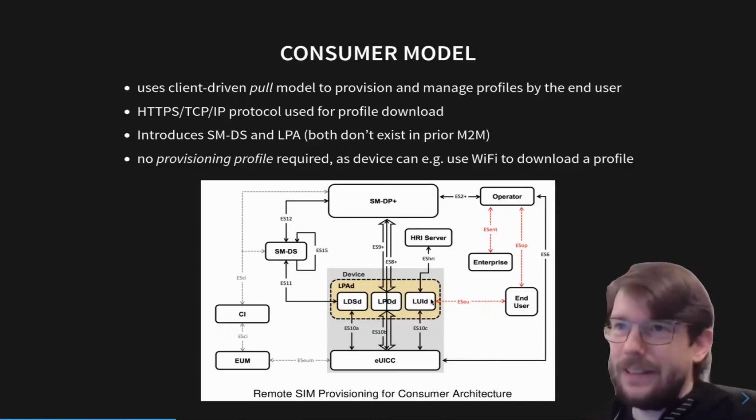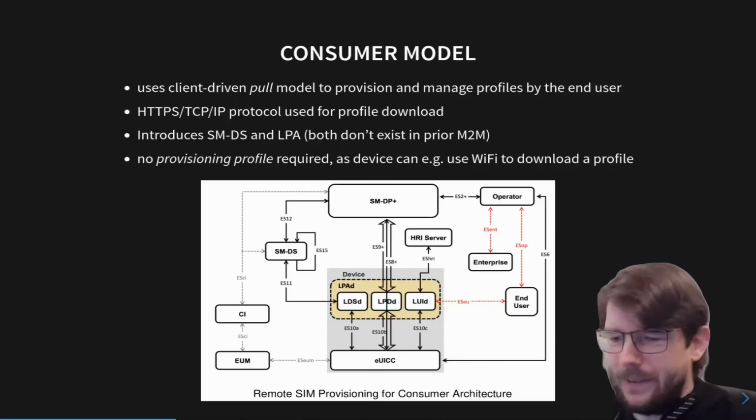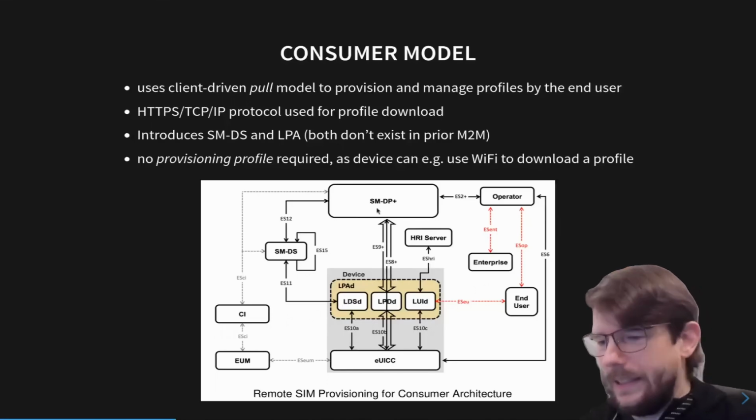That's basically if you have a smartphone and you select a specific eSIM to be enabled, or you download a new eSIM, that's the local user interface that takes care of that. So it's just different logical functions within this software. There's some other elements, but we can ignore them for now. So these are just the important parts in the consumer eSIM: the EUICC, the LPA, and the SMTP Plus.